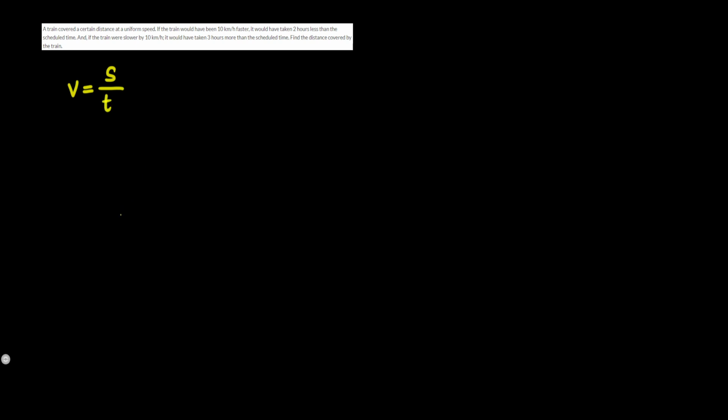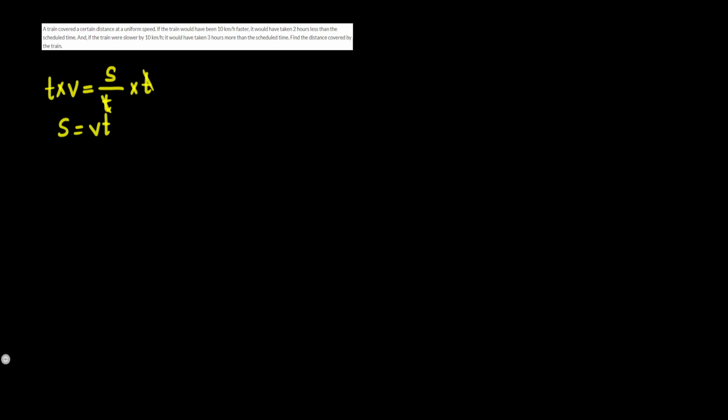That's speed. It covers some distance at a uniform speed, so it's highlighting distance. So let's look at what distance is. I will multiply both sides by t, and I can cut the t and get s is equal to vt. Now this is very important, and let's move on.